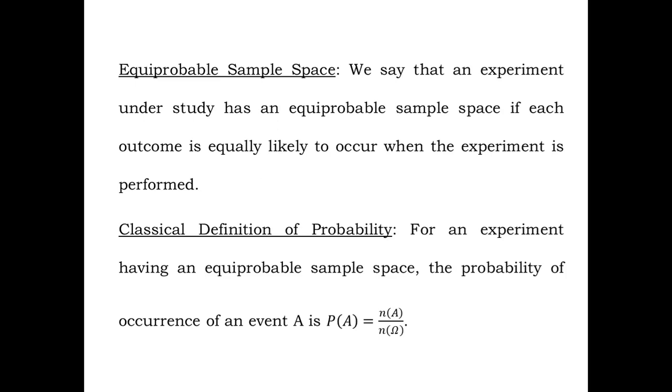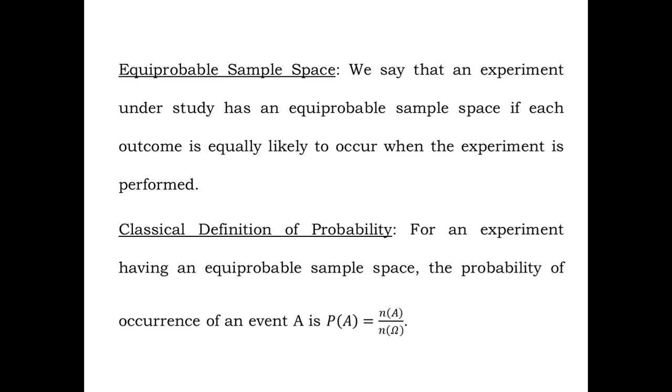So this is tossing a fair coin, rolling a die, then drawing a card from a well shuffled pack of 52 playing cards, something like that. These are some examples of experiments which have an equiprobable sample space. Otherwise, there are plenty of other experiments which do not.